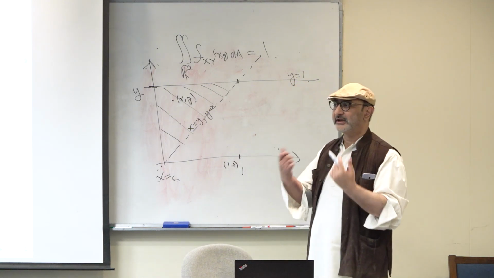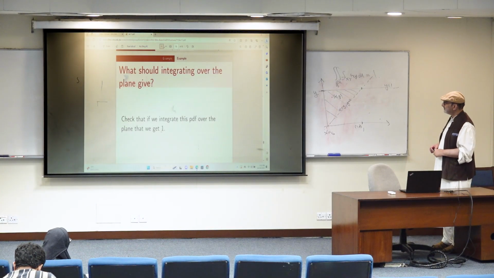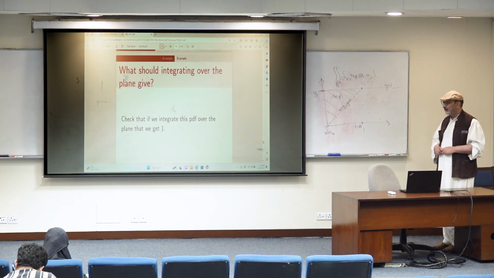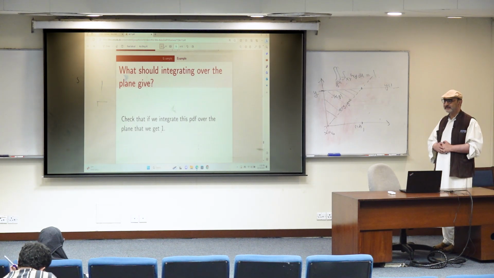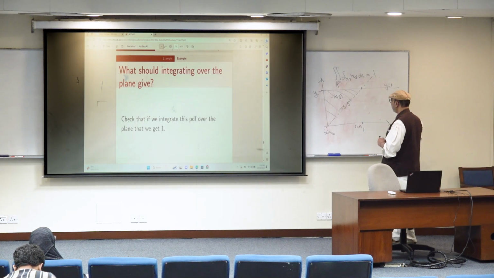That's supposed to be one of the properties of a PDF. But I don't really have to integrate over that entire plane. I can just integrate over that triangle, because outside of the triangle, I'm just integrating 0. It would be a waste of time to do that.